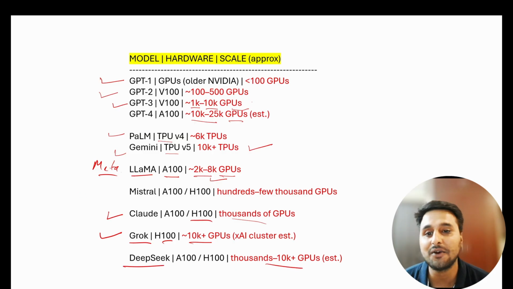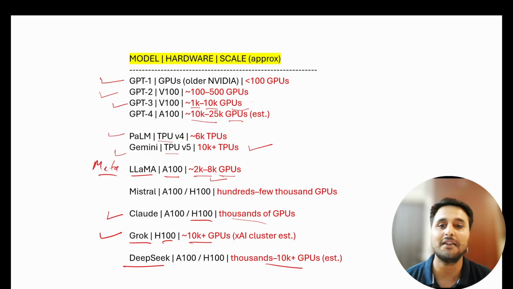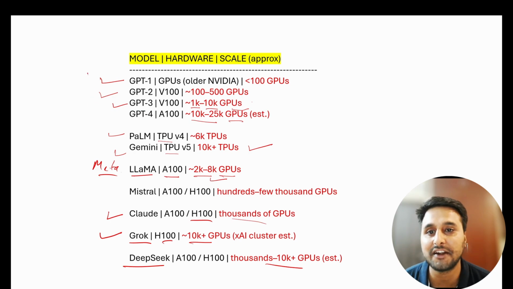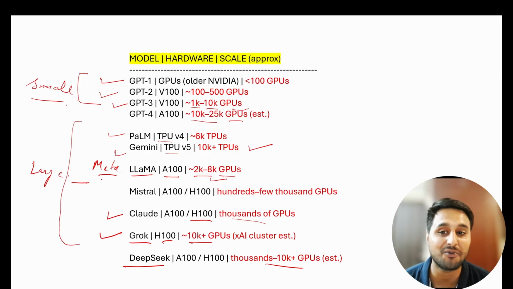All these models are very big, except GPT-1, 2, and 3, which are considered small models. After that, all the models are very large because they were trained on a huge amount of data. That's why these language models are considered large language models.